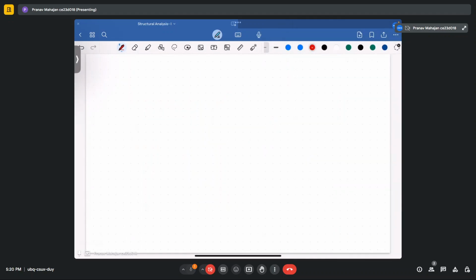So for this, let K11 be at the center of the span where the simple support is provided. If you provide unit rotation there, how will the beam deflect?